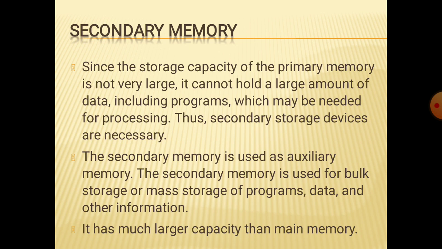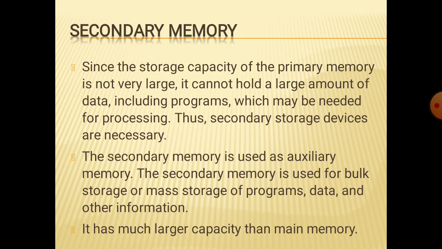So what we do is we use secondary storage devices whenever necessary. Your primary memory is also called main memory, because the content which we store in the primary memory is used by the processor, by the CPU, at the time of processing.